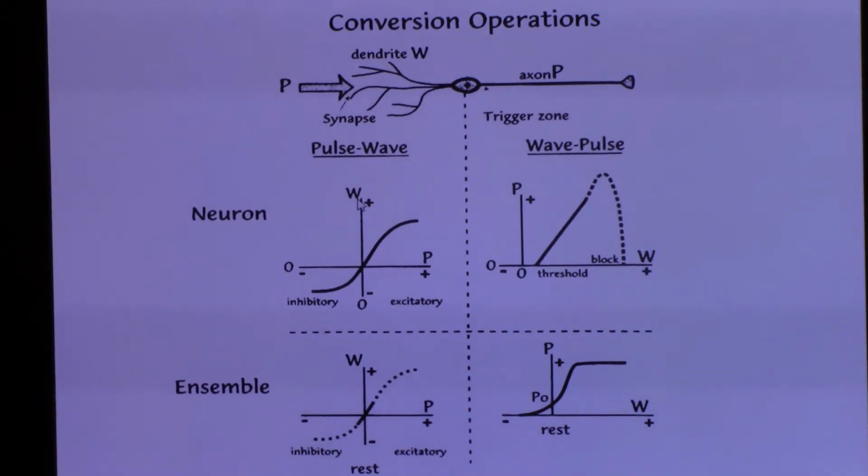Think of this as input and output. That's how Freeman conceptualizes it: the pulse here is input and the wave is output, so this graph is an input-output relation. This is also an input-output relation, over the neuron and its axon, where the next pulse goes into the next.